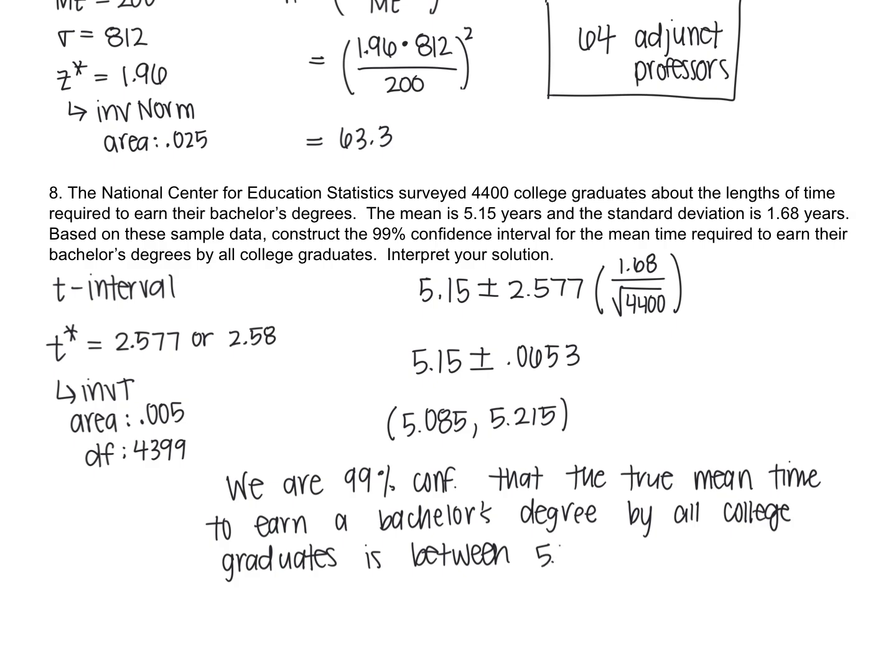So it'd be 5.085 years and 5.215 years. If you just want to put years once and you put it after the second number, I'm not going to count that wrong as long as years appears in your interpretation sentence after your numbers.